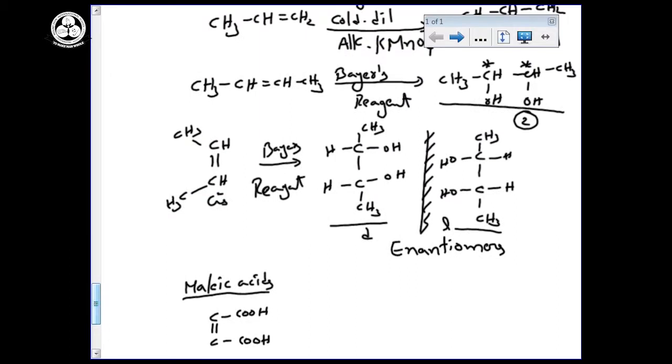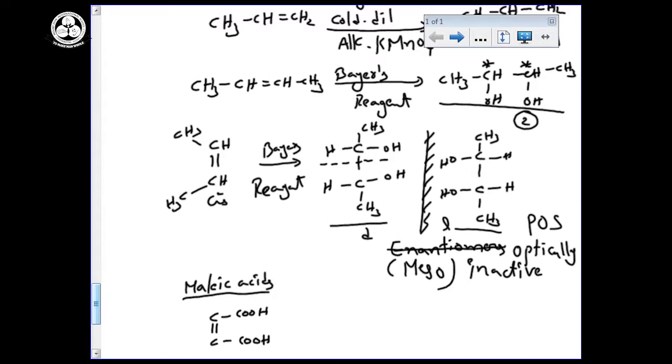Sorry, here it's not enantiomers. There is a plane of symmetry. So a plane of symmetry means it's optically inactive. Optically inactive means it can give the meso compound, not enantiomers. So optically inactive means we cannot get the mirror image. We are getting the meso compound.